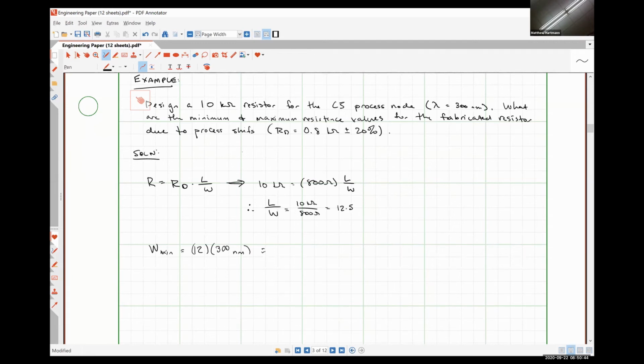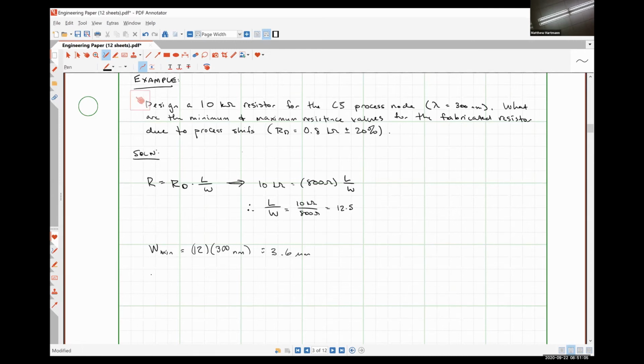So 12 times 3 is 3,600 nanometers, which would be 3.6 microns, right? Anybody have any problem with the math there? All right, nobody's saying anything.